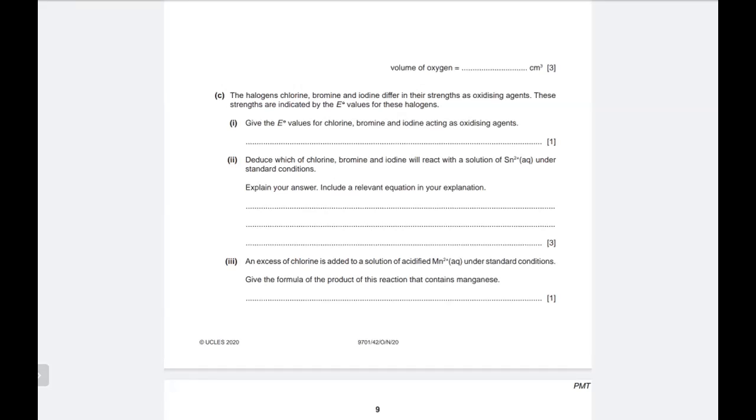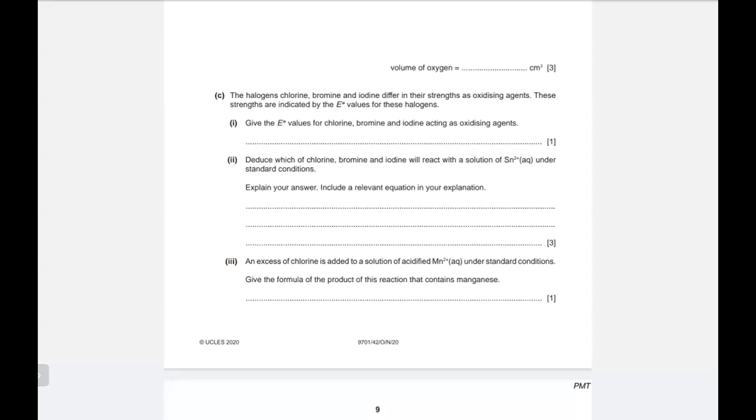Which of chlorine, bromine, iodine will react with the solution of Sn2+? Here also we have to check the data booklet, to see which one can oxidize Sn2+ to Sn4+.